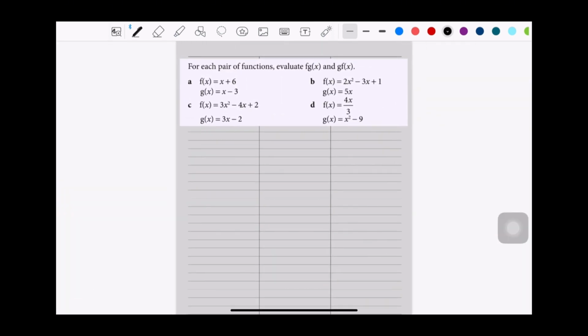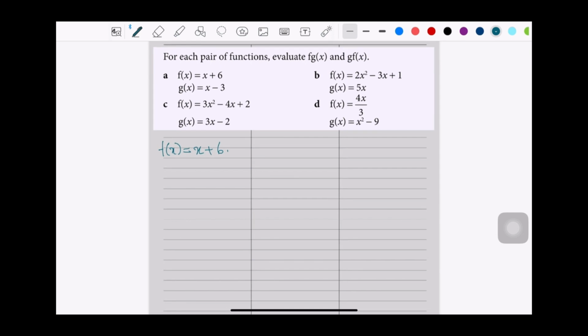Now, for the first one, you can see that f of x is equal to x plus 6, and g of x is going to be x minus 3. So first step, finding f of g.